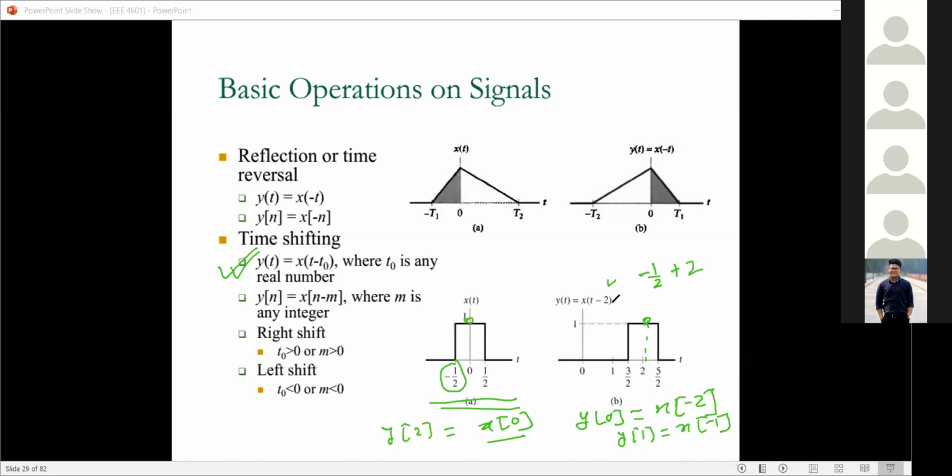Generally, if we replace 2 by t0, then this time would be equal to minus half plus t0, and this time would be equal to plus half plus t0. So this is the shifting occurring to the right if your t0 is positive. If your t0 is negative, your signal is going to the left. In this way you can shift your signal to your desired location. In many of our physical purposes, we need to shift this signal.